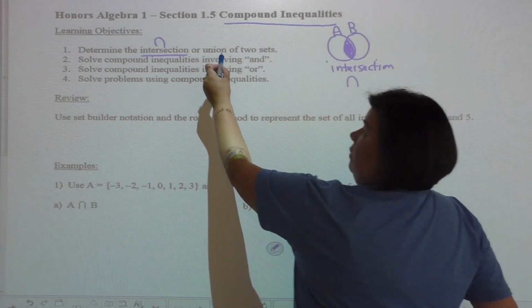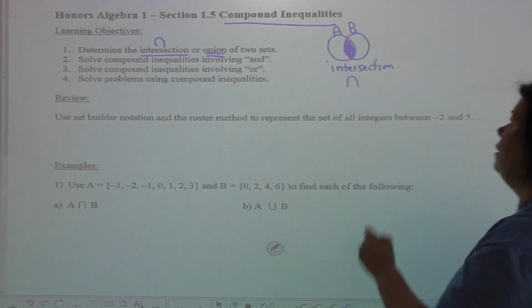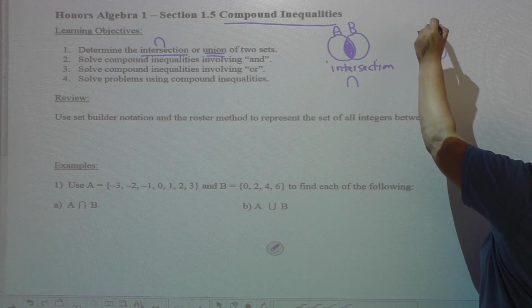Now the union of two sets is a little different.